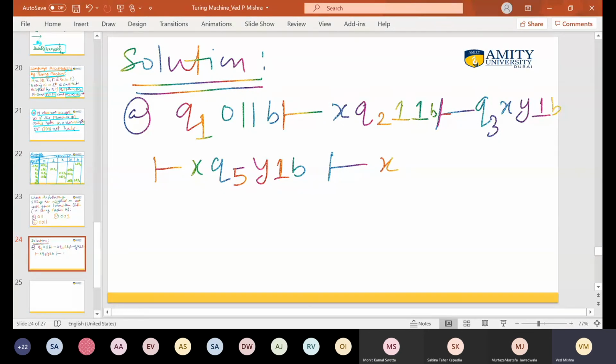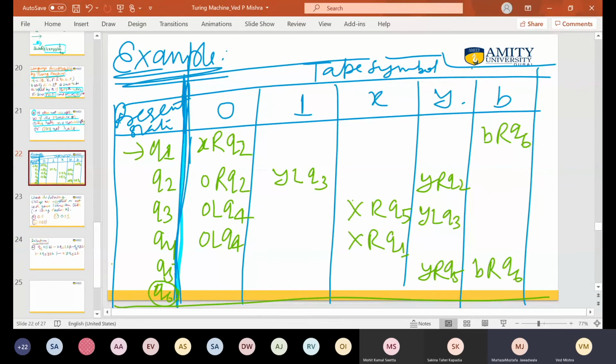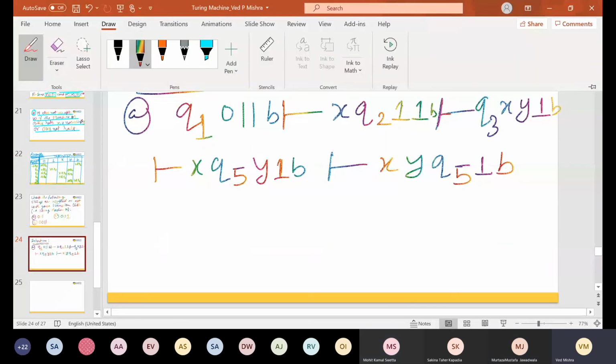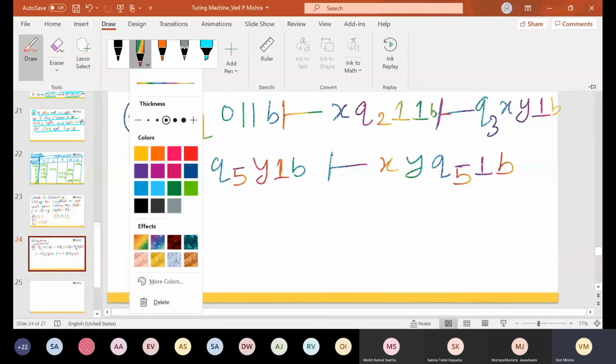So X Y Y Q5 1 B. Now do you have a transition for Q5 with 1? No, you don't. So it means the machine is halting in between.